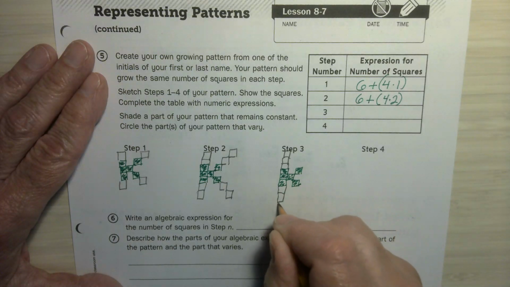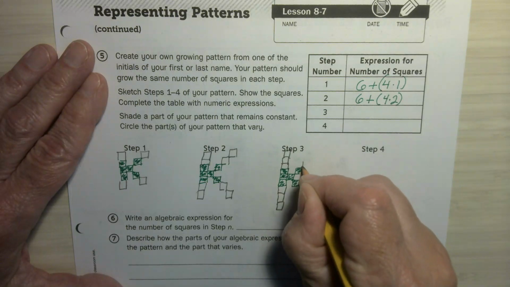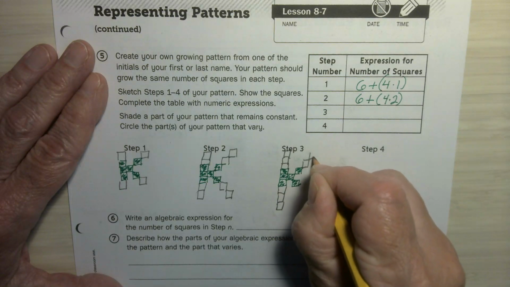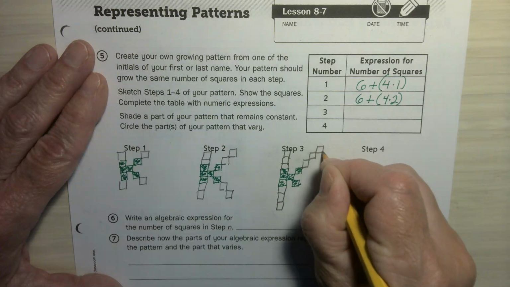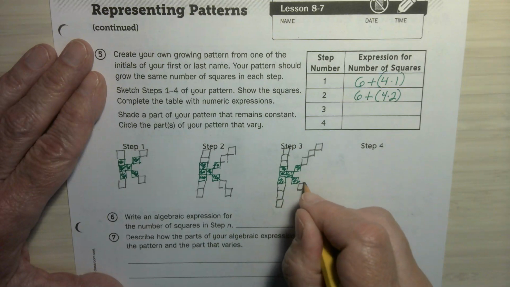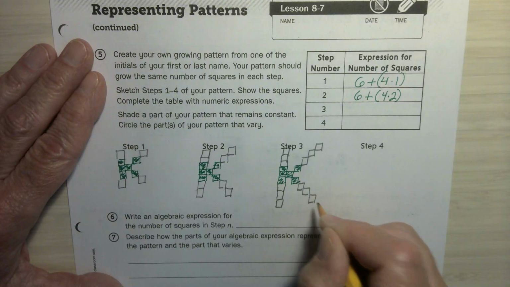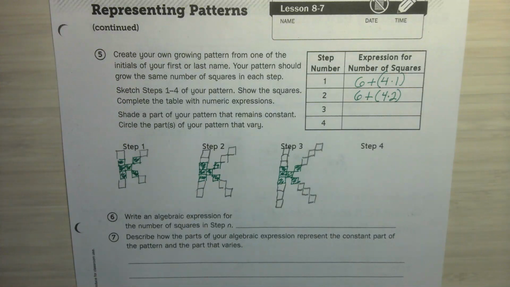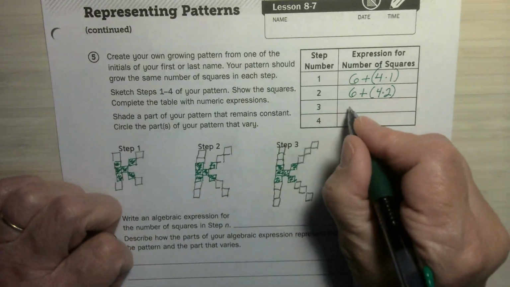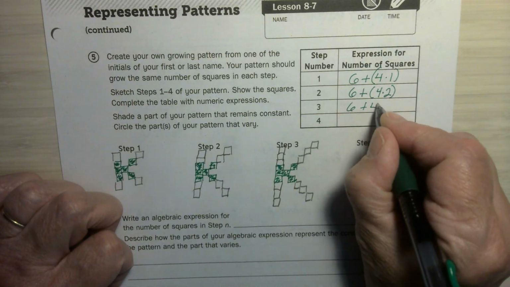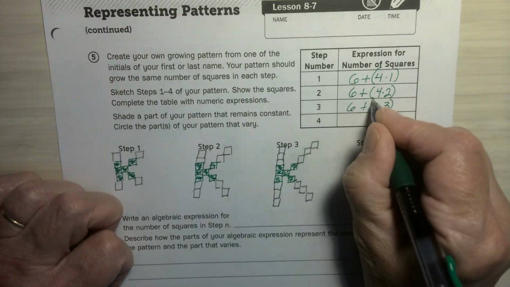Again, I feel like it's coming to life. 3 on the side. 3 going down. It's getting bigger, isn't it? So, this one is 6 plus 4 times 3.